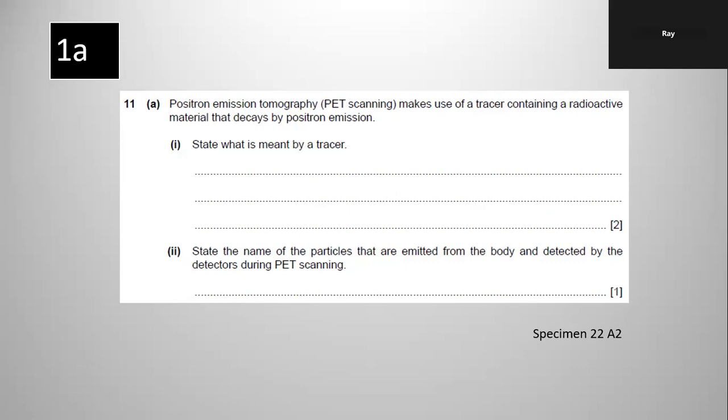This is taken from the specimen 2022 paper, where they introduce this topic, so they have to give you a specimen paper. Saying it's a radioactive isotope is not sufficient.